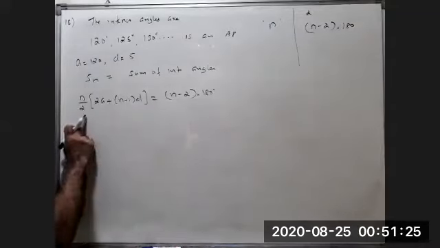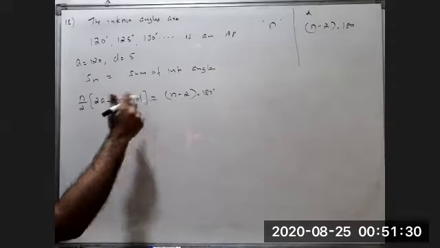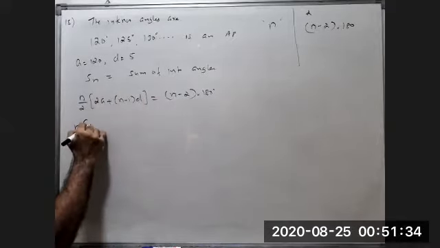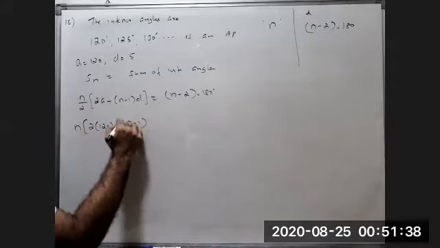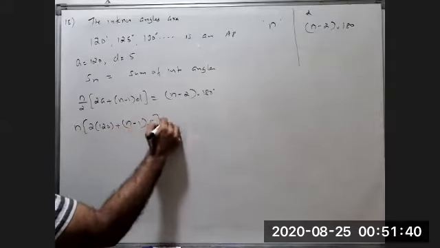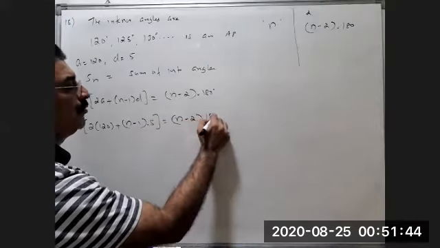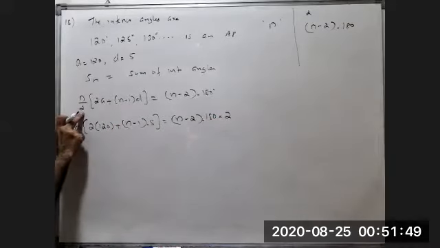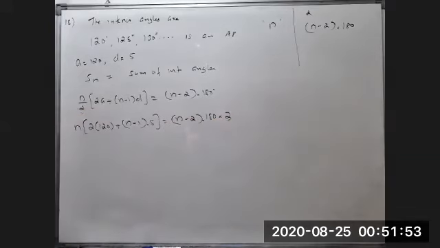Now here, put the values. We know the value of a and d. Substitute the values and cross multiply: n into 240 plus 5 into n minus 1 equals 180 into 2 into n minus 2, because I cross multiplied this 2. This 2 I got from here.